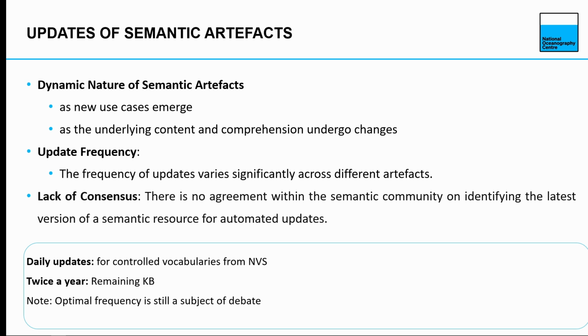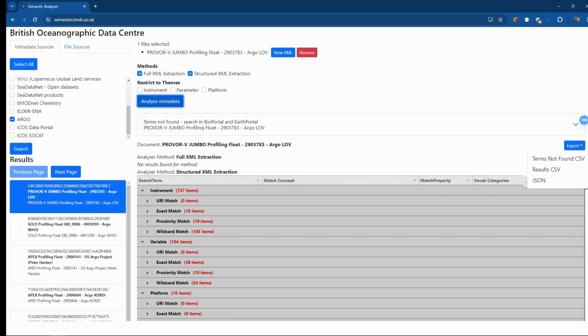So for the NERC vocabulary server, we established daily updates, while for the rest of the knowledge base, we established a twice-a-year update, while still questioning what the optimal frequency of updates is. So this is how the Semantic Analyser looks, and here the user can select a research infrastructure.